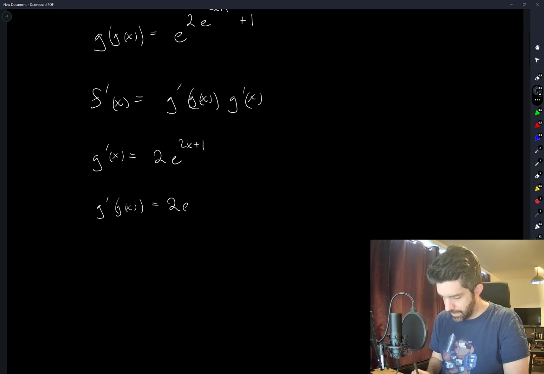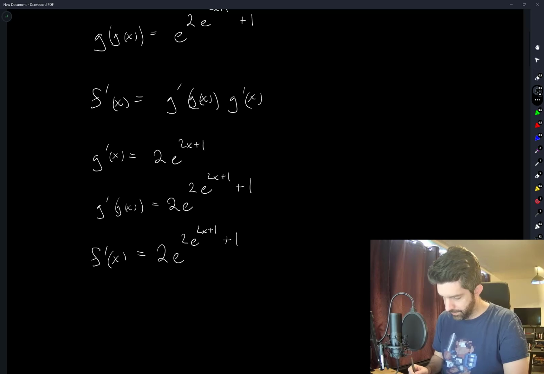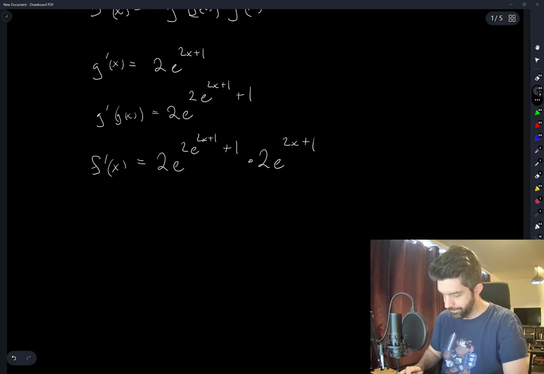This is 2 e to the 2, e to the 2x plus 1, plus 1. And so f prime of x is equal to this, 2 e to the 2, e to the 2x plus 1, plus 1, times g prime of x, which is 2 e to the 2x plus 1.